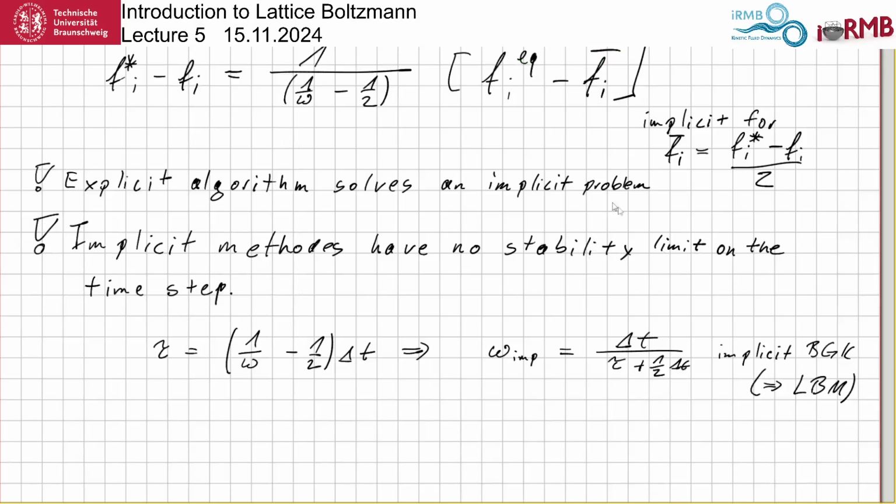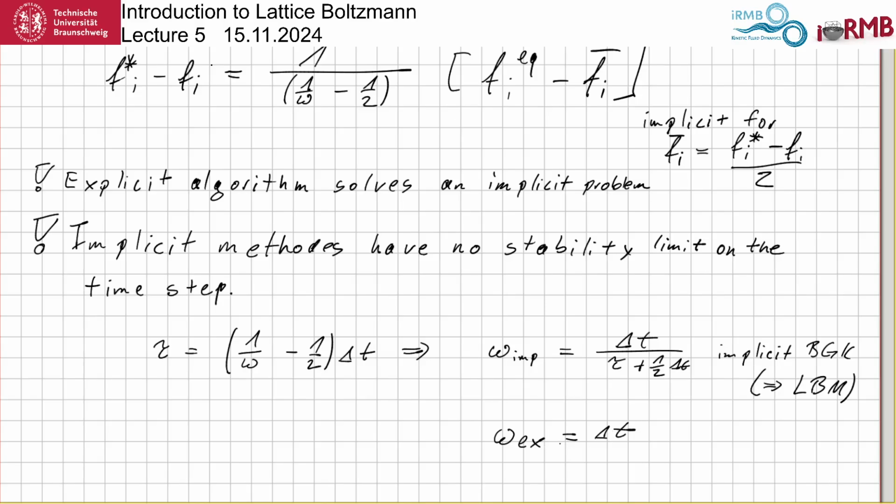So if we didn't have this change of variables and we would solve this directly for the f instead of the f bar, then we would have an explicit scheme, and in this explicit scheme, tau would just be 1 over omega, together with the time step.